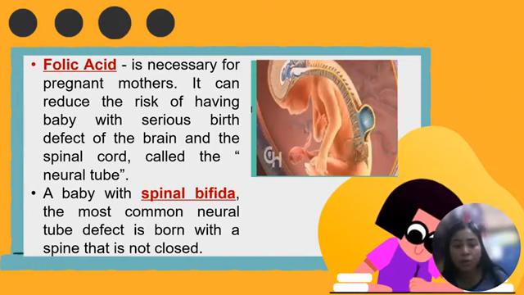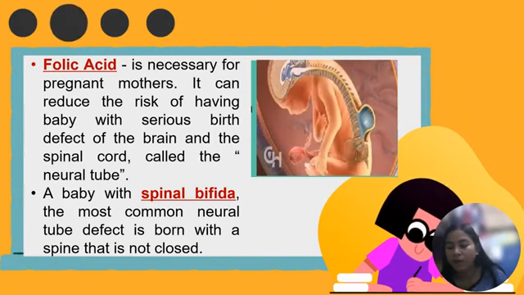The most common neural tube defect is being born with a spine that is not closed. Spina bifida is a congenital condition characterized by the incomplete closure of the spinal column during early fetal development. This results in a gap or opening in the spine through which the spinal cord and its surrounding membranes may protrude.